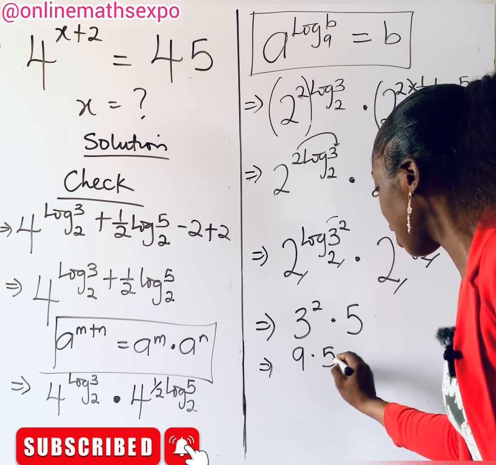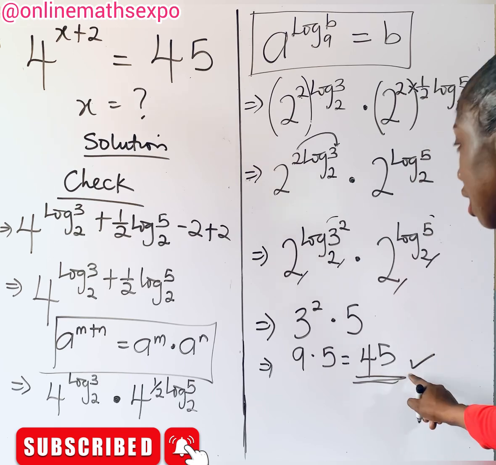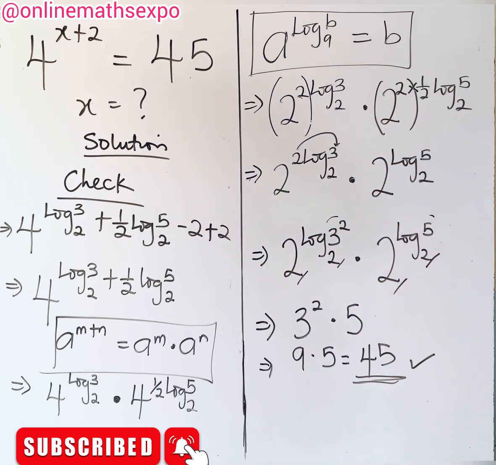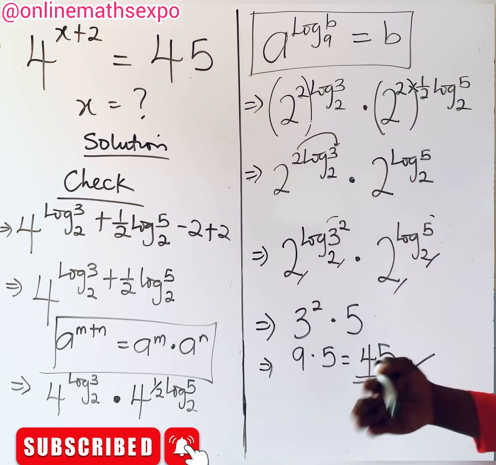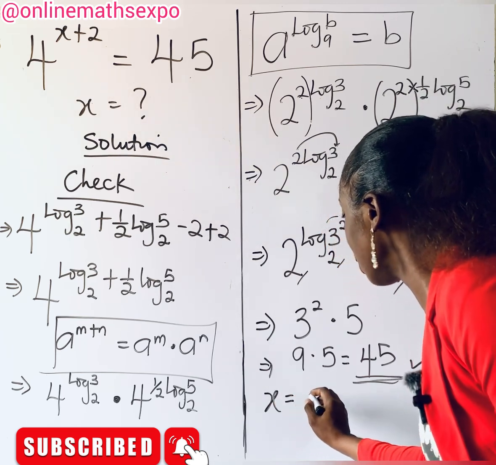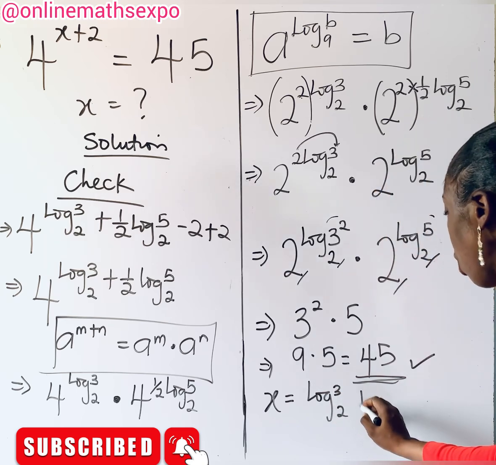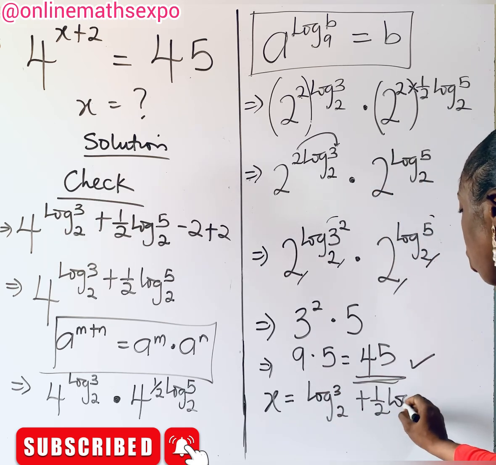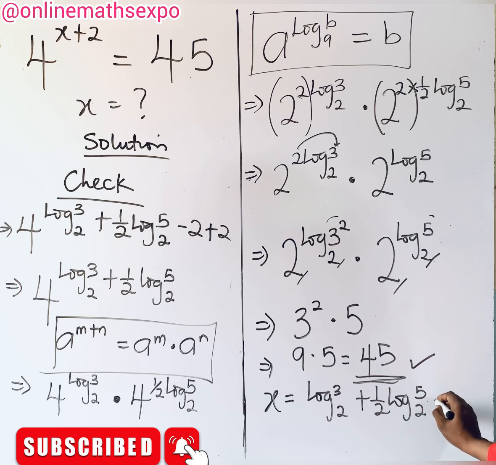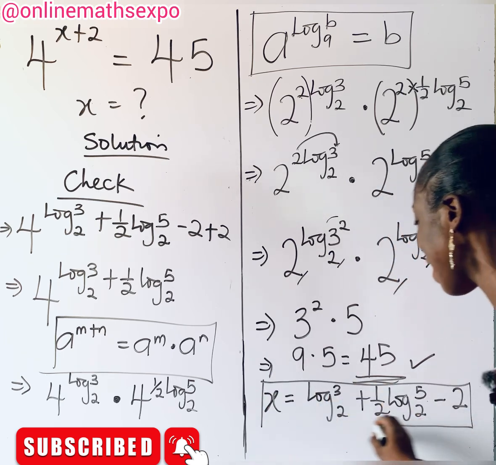And when you multiply 9 by 5, it gives you back 45. And that is what we have at the right side of the equation. So what does it mean? It means that our x being log of 3 base 2 plus half of log of 5 base 2 minus 2 is excellently correct.